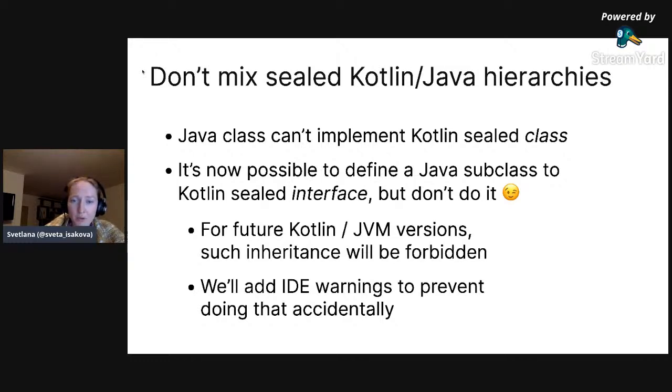So theoretically, in Java, you can implement a Kotlin sealed interface. So just don't do it. In the future, with the new JVM support, it will be forbidden. A Java class will be considered a legal subclass of a Kotlin interface, or if there is this annotation, probably you will be able to specify this. But the plan is that when it can be enforced by the JVM, it will be enforced. For now, theoretically, it is possible. However, we'll add IDE warnings to prevent doing it by accident.